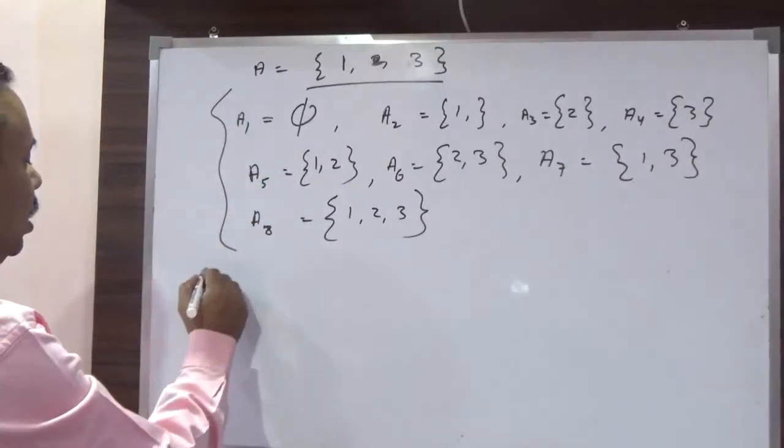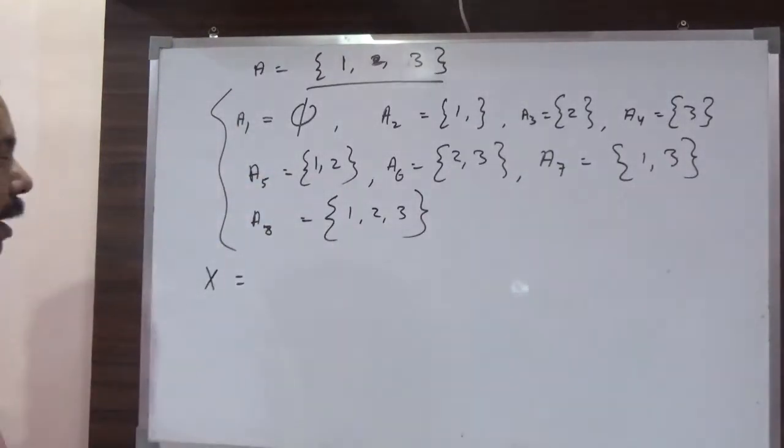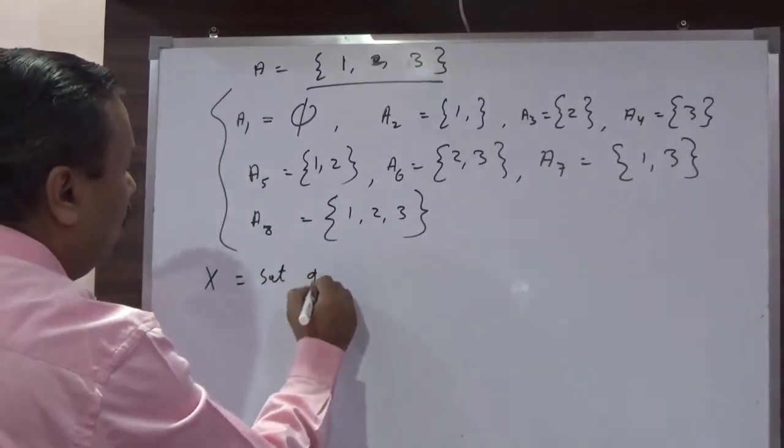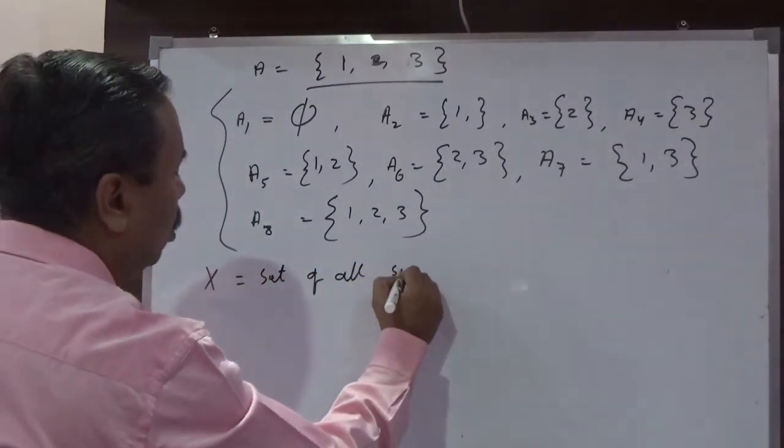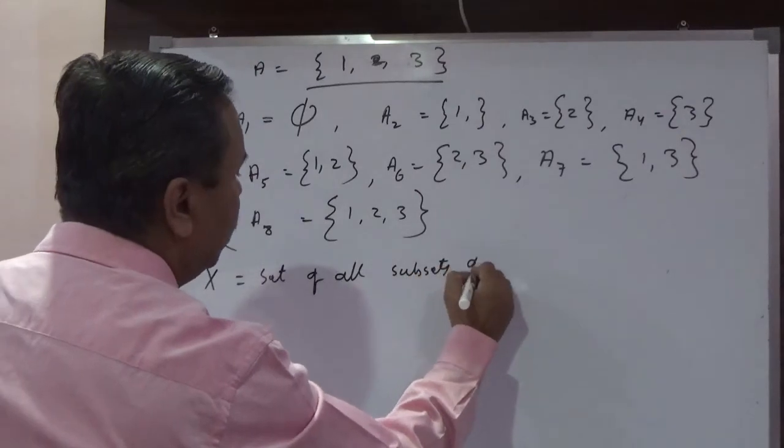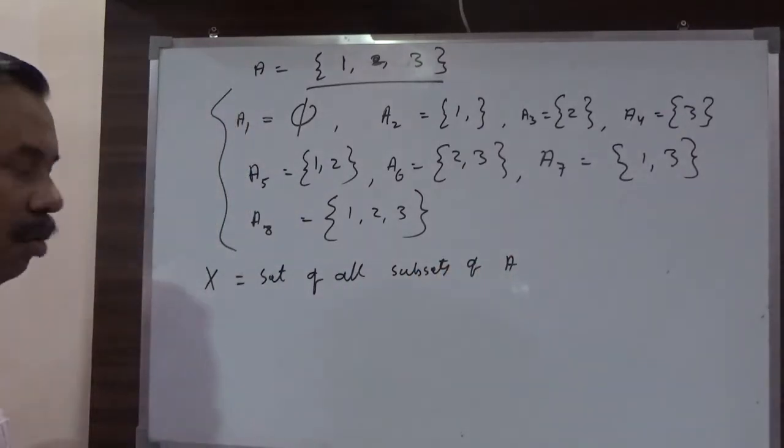When I take the collection of all these sets, suppose I say X is the set of all subsets of A. What will it be?